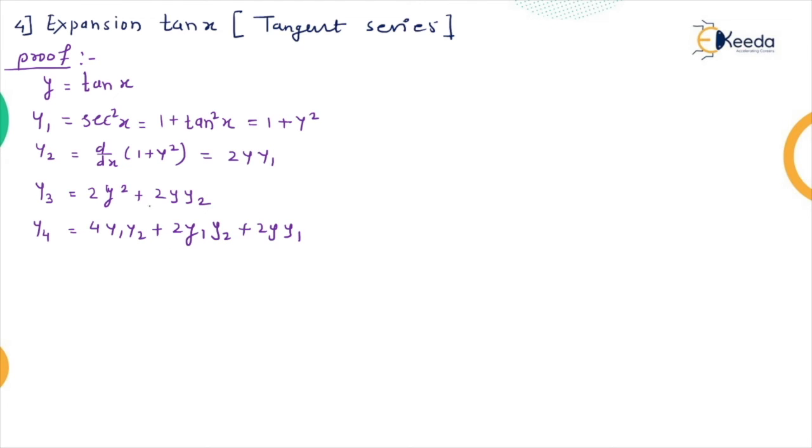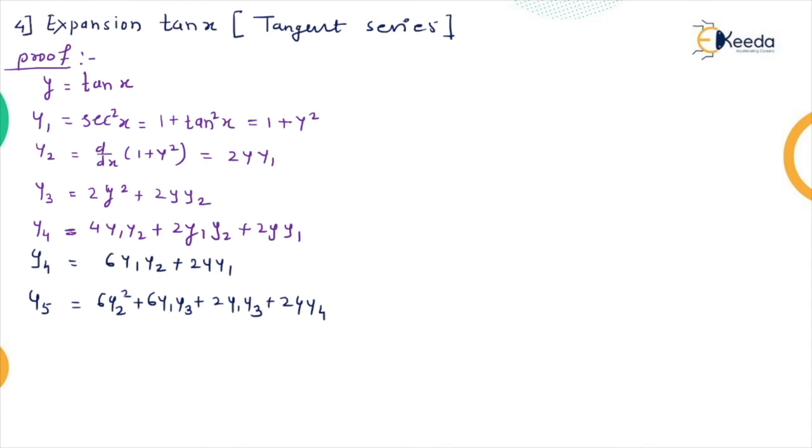We take this derivative using the UV rule, the product rule. After solving, y4 is 6y1 y2 plus 2y y1. Now y5 is 6y2 square plus 6y1 y3 plus 2y1 y3 plus 2y y4.